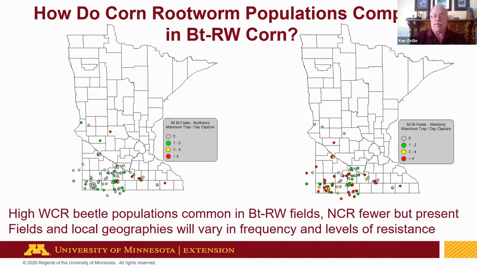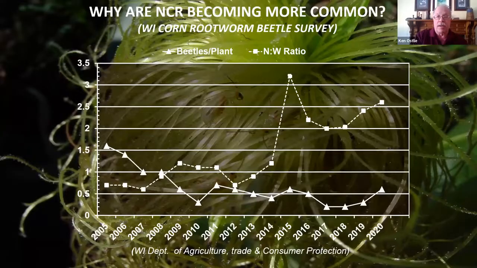So we've got more beetles out there. We've got resistance in both species, and things are starting to degrade a bit. And this slide just shows you that flip in ratio. You can see on the dashed line where the northern ratio was becoming higher and higher the last few years in this Wisconsin data.